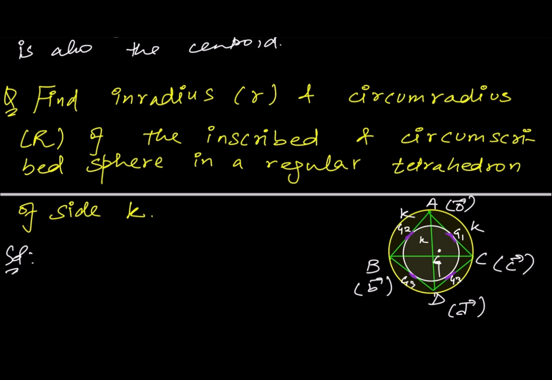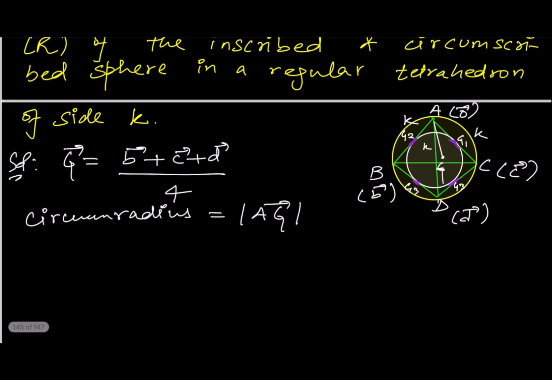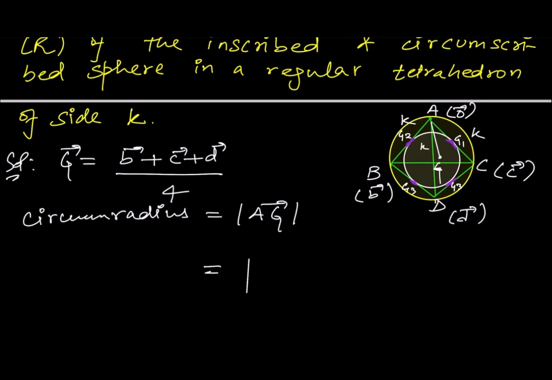Now as we know, centroid is in this case 0 plus B plus C plus D by 4, that is B vector plus C vector plus D vector by 4, and circumradius is mod of AG vector, which will be mod of B vector plus C vector plus D vector by 4.